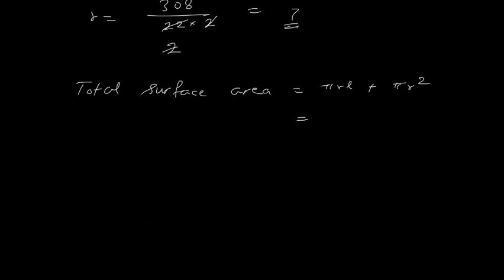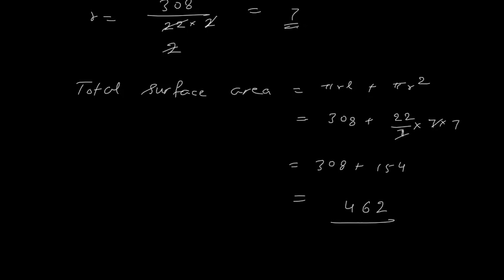So here this pi r L is 308 plus here it is 22 divided by 7 into r square, that is 7 into 7. So this 7 cancels and we have 308 plus 7 into 14, that is 98. 8 plus 4, 12, 5 plus 1, 6, 3 plus 1, 4, 462 meter square. This is my total surface area.